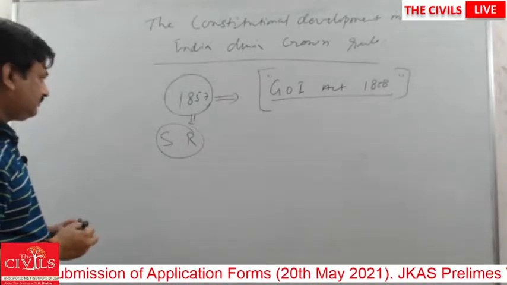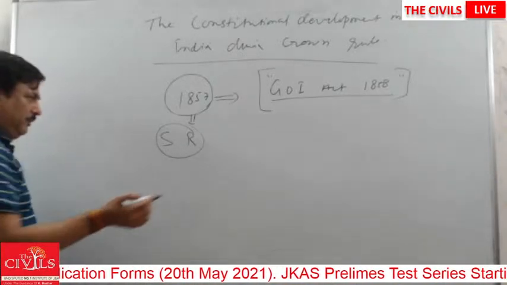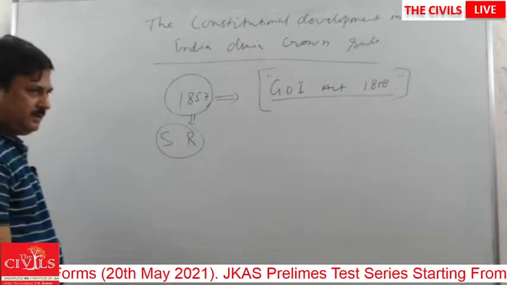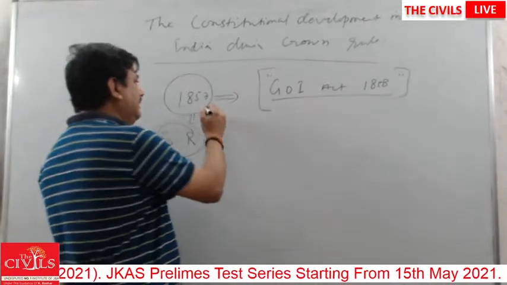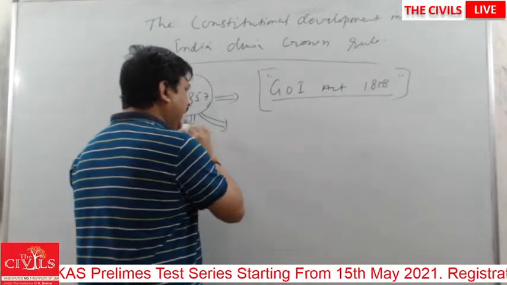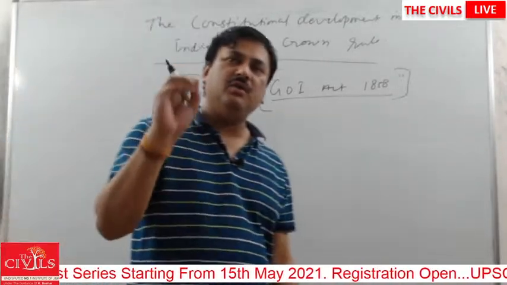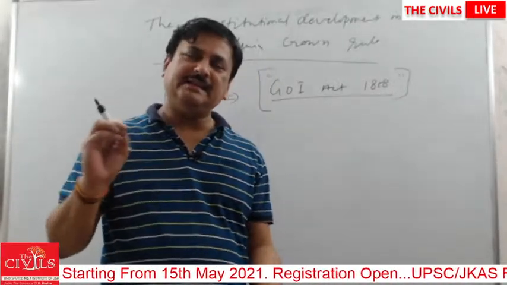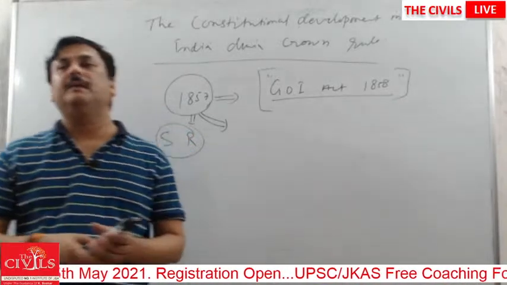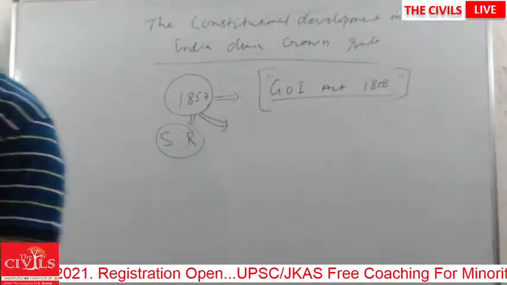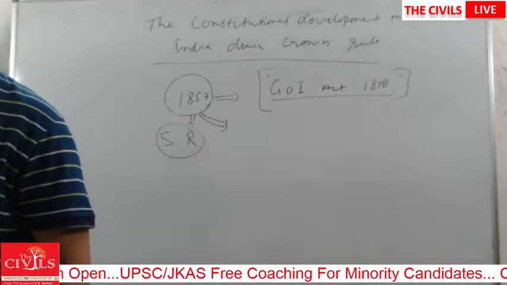So after the Sepoy revolt of 1857, the Great Revolt of India, the company rule ended, and in place of company rule, the rule of Crown was started, and for this an act was passed by the British Parliament, which was known as the Government of India Act.